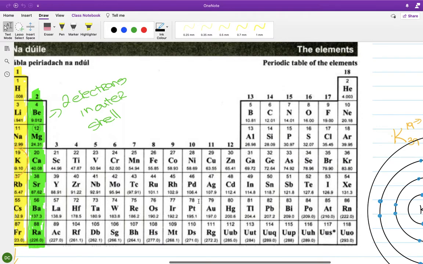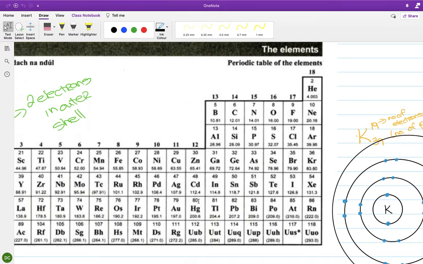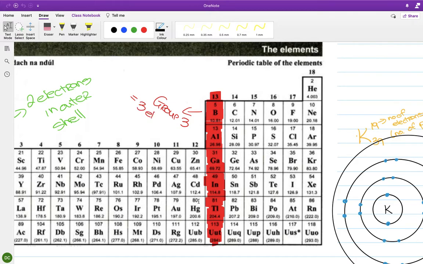We skip the middle elements there, the transition elements, and group 3 then is here. And group 3 elements have 3 electrons in the outer shell, and then so on.